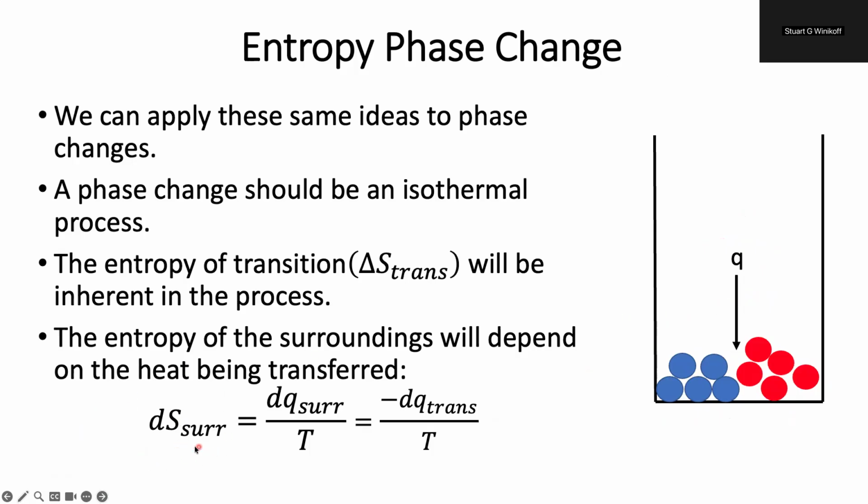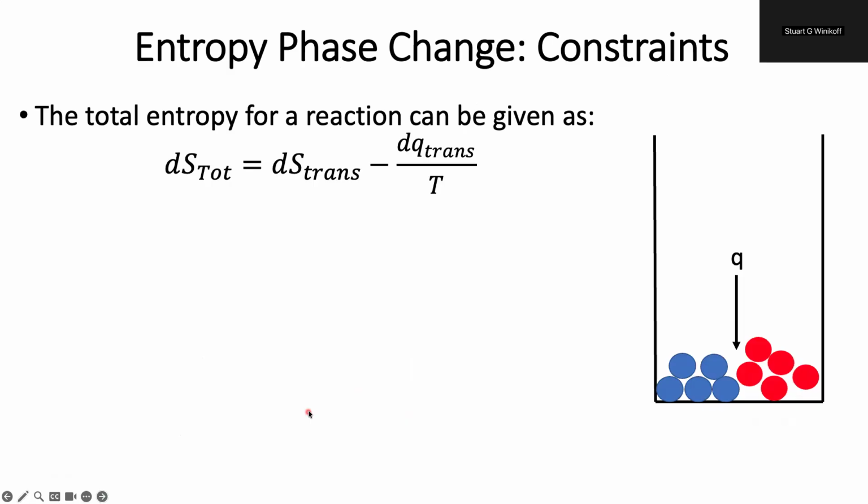Now, again, this entropy of the surroundings is going to be based on that heat that I pulled from the surroundings, which in turn will be based on the heat that went into that transition, with again a notable negative sign, because if heat goes into the system, it's lost from the surroundings.